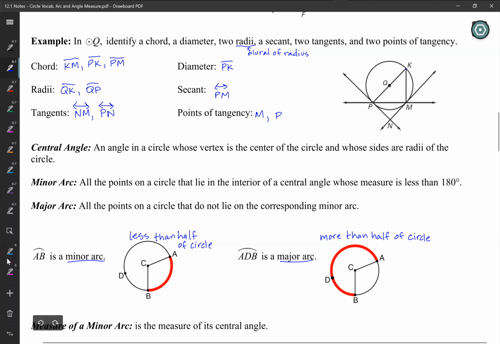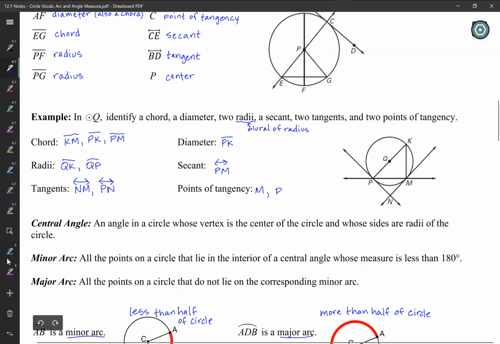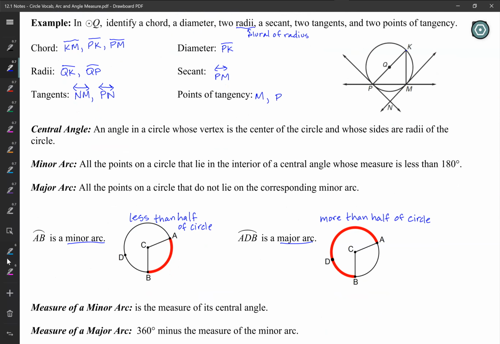Okay, if you draw an angle that goes from the ends of the arc and has a vertex at the center of the circle, so its vertex is the center of the circle, and its sides are radii, each side is a radius.